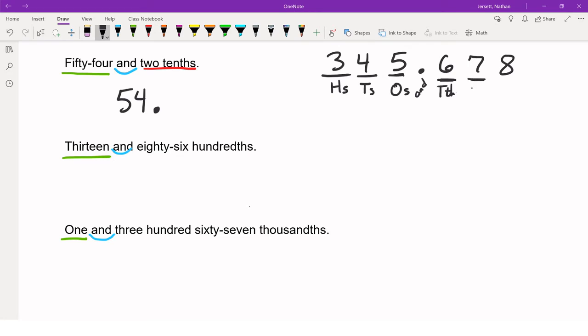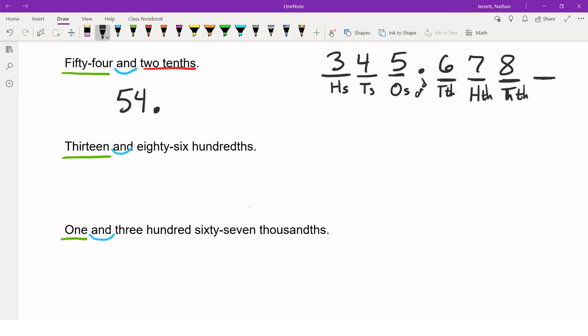This place here is going to be the hundredths with a TH. This is going to be the thousandths. I'll do thousandth with a TH. And then, of course, you have the next one is going to be the 10,000ths, and the 100,000ths, and the millionths, and so on and so forth. So understanding the place value is going to be helpful when you have these types of problems.